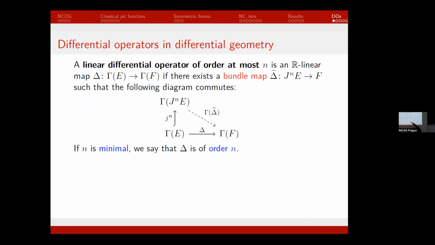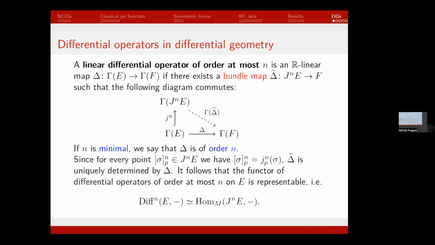So whenever we have a map which is R-linear from sections of E to sections of F, we say that it is a differential operator of order at most n if there exists a bundle map from the jet bundle to F such that it commutes in this diagram. In particular, if n is minimal, we say that the differential operator is exactly of order n.